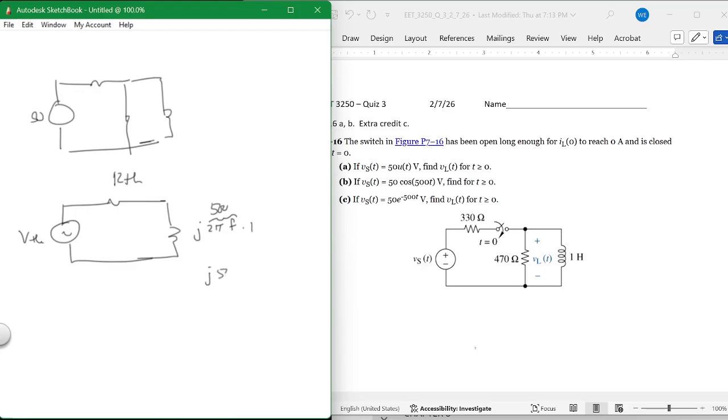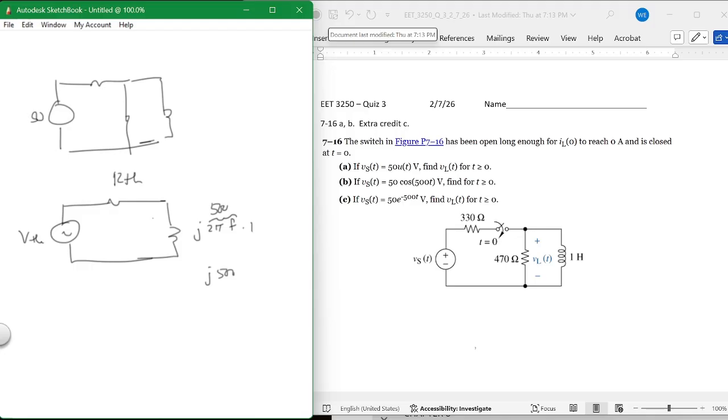So it's J 500, and you would solve for V across the inductor. V sub L in this case would be J 500 over J 500 plus R Thevenin, times V Thevenin, and you're done.